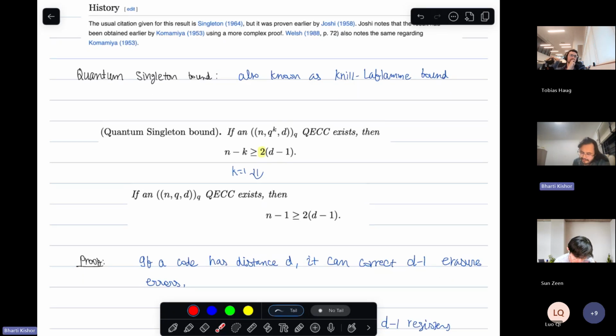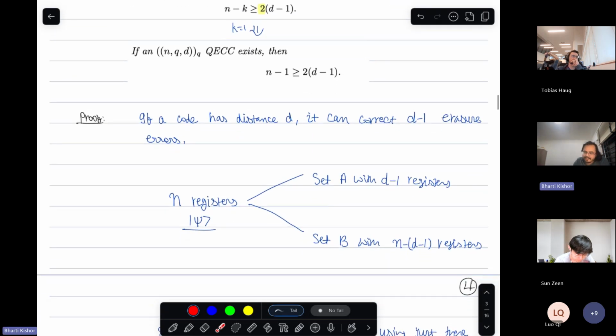So for general k, the proof is more involved. But I want to give the insight that it's the no cloning theorem which is responsible for this factor of 2. So I just take k equal to 1 here. And I will show you that this factor of 2 comes from the no cloning theorem, which can be used to prove this result.